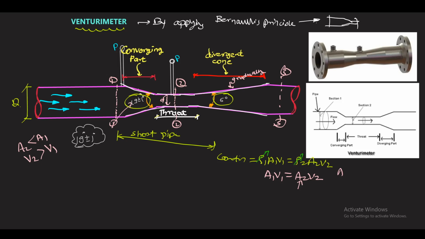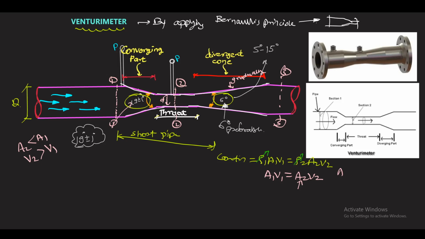And in case of the divergent, the limit is between 5 degree to 15 degree, but the most used or preferential value, when an MCQ is framed on the divergent angle of the venturimeter, if number of options are given, then 6 degree is the preferable option, okay.